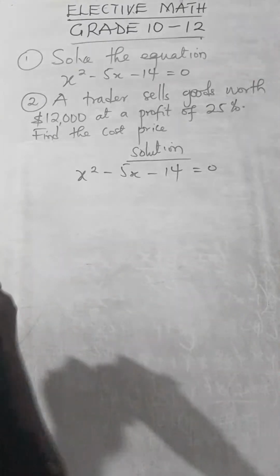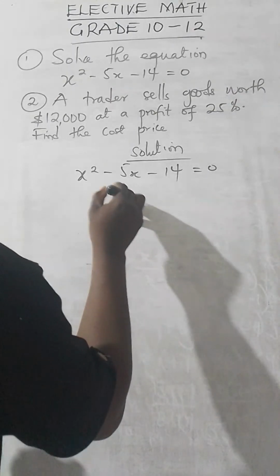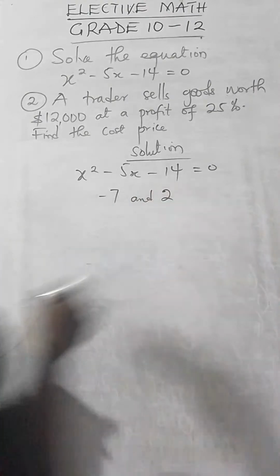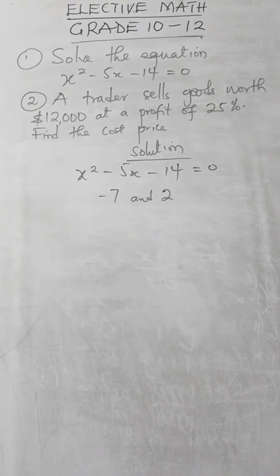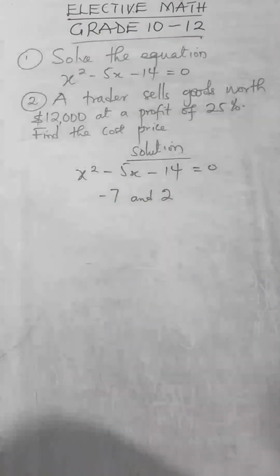If we check correctly, we can use minus 7 and 2. Minus 7 times 2 is minus 14, then minus 7 plus 2 gives you minus 5.